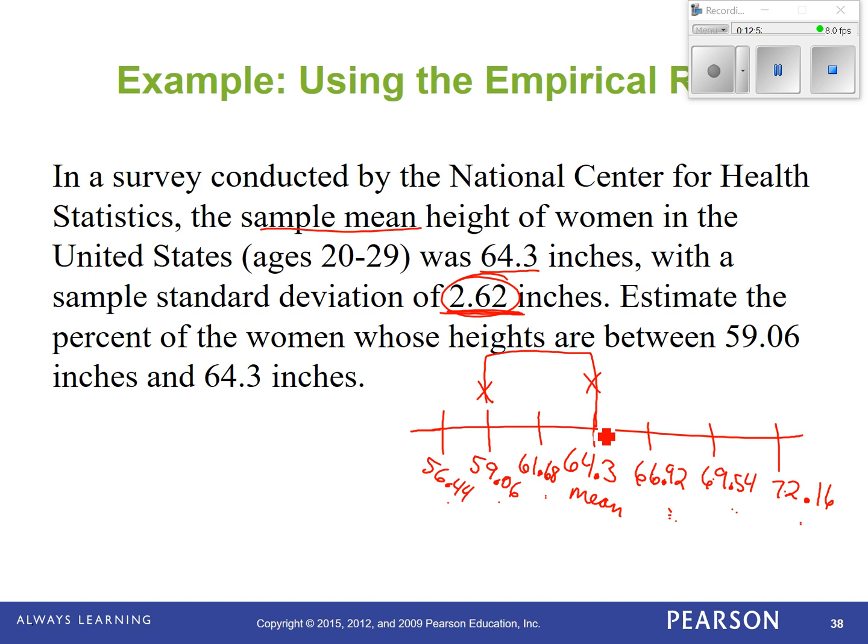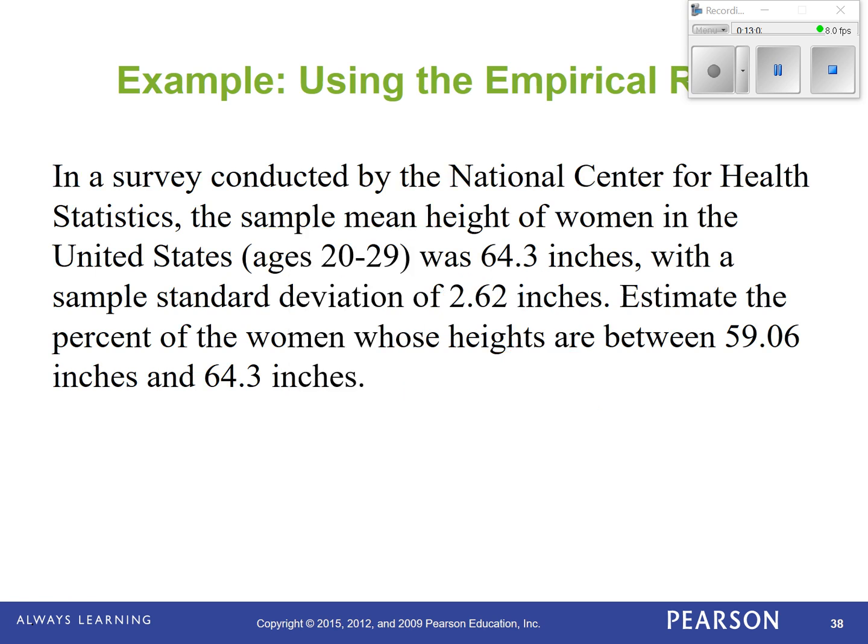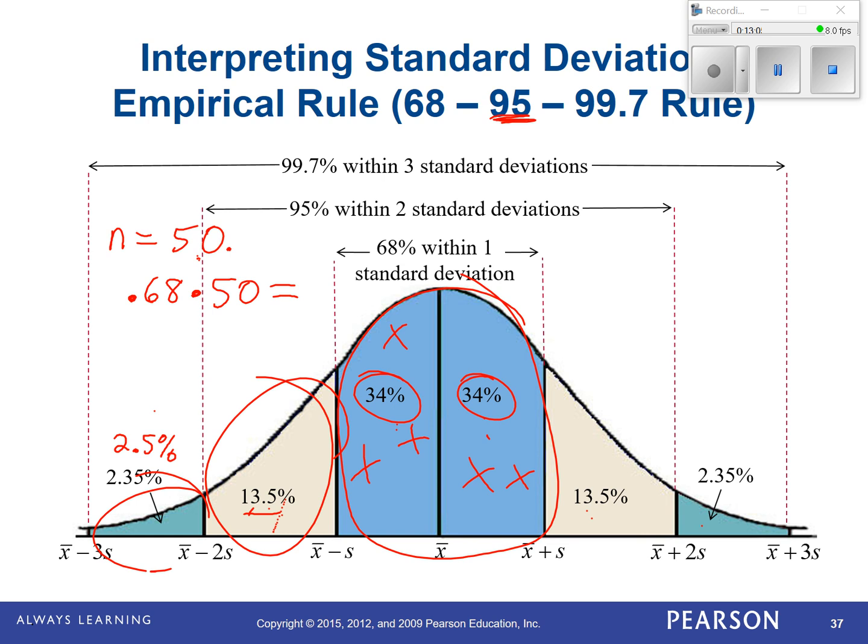Well, 1 standard deviation below the mean, this part right here, is supposed to be 34%. And if we go back to here, you see that that's 34% right there. And then another standard deviation down below that is 13.5%.